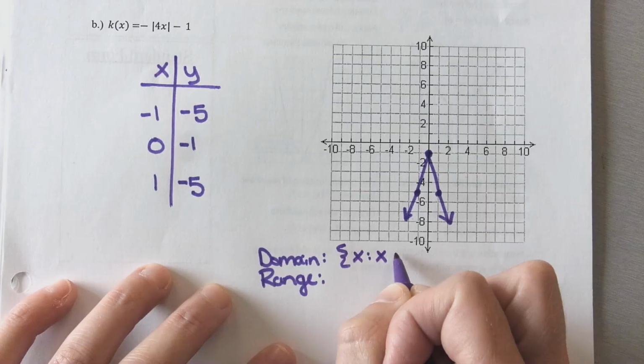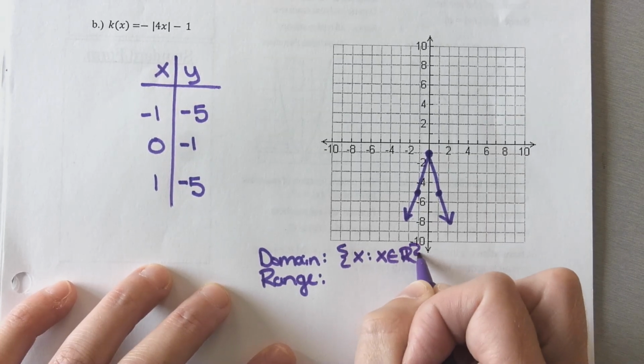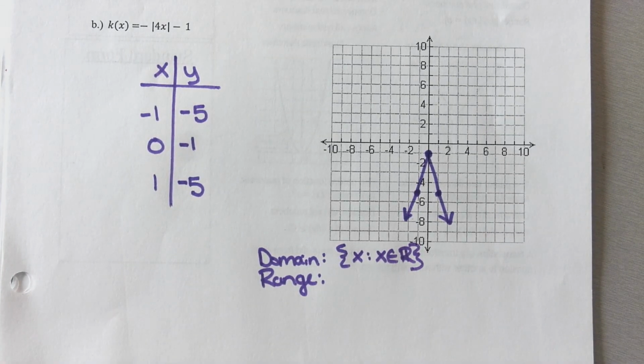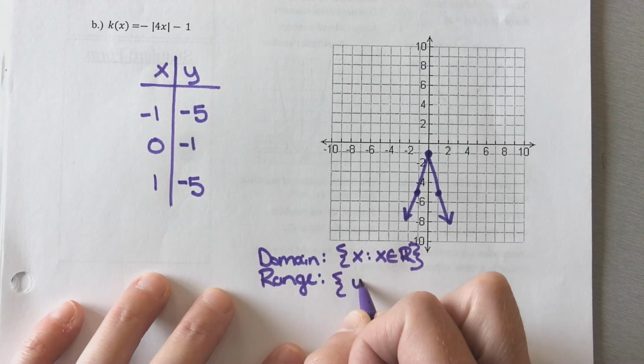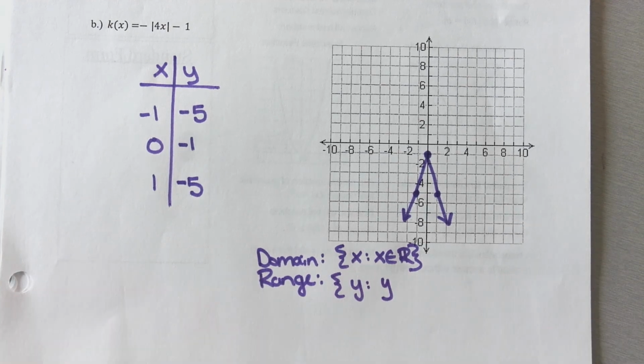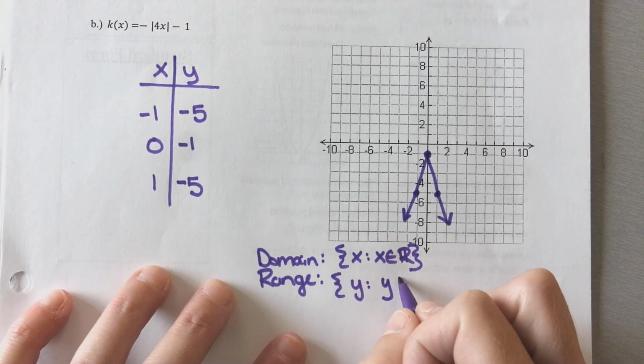X such that X exists in the set of reals. So again, when you don't know, a good guess for the domain is reals. Y isn't though. Y such that, what do we notice about y? It's less than or equal to what? Negative 1.